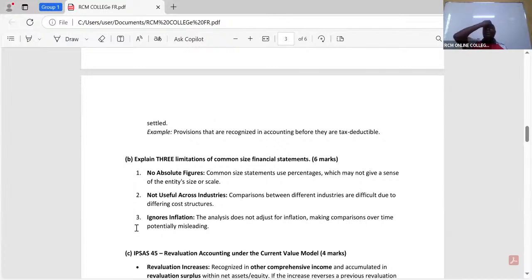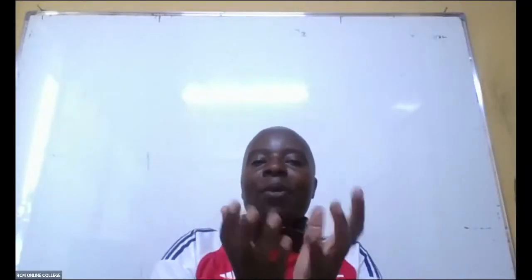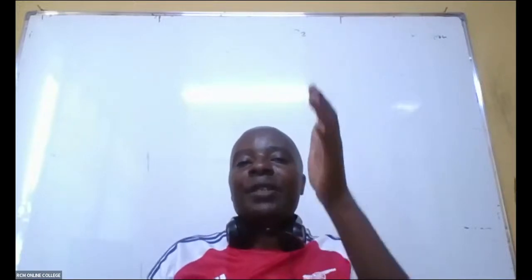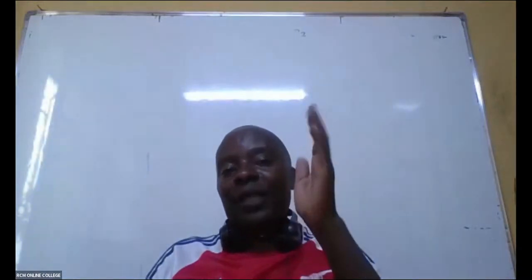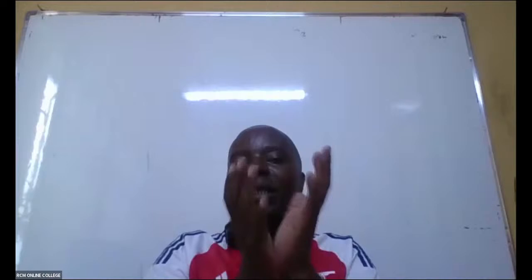Now, explain three limitations of common size financial statements. You know that common size financial statements are those financial statements that will have percentages being written based on some common items. Like if it is the income statement, the base will be the sales.